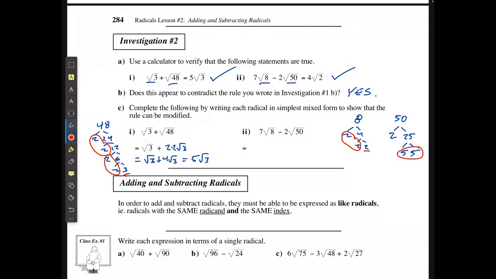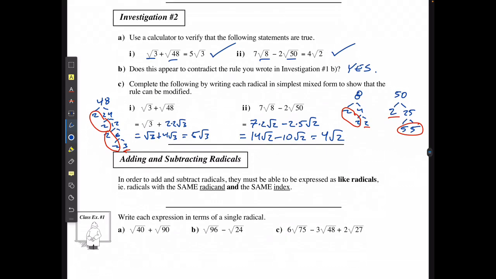I have a pair of 5's and a 2 that's left inside. So this would actually be the same as I had the 7, I pulled out a 2, and I'm left with the square root of 2. Minus I had a 2, I pull out a 5, and I'm left with the 2. Or 14 root 2 minus 10 root 2. And this would equal 4 root 2.